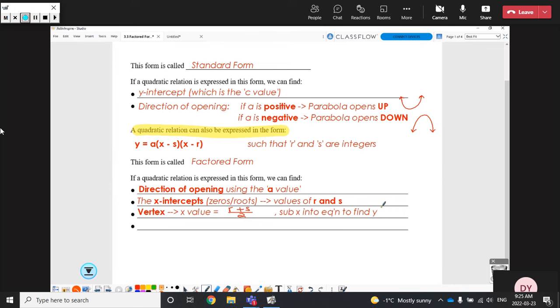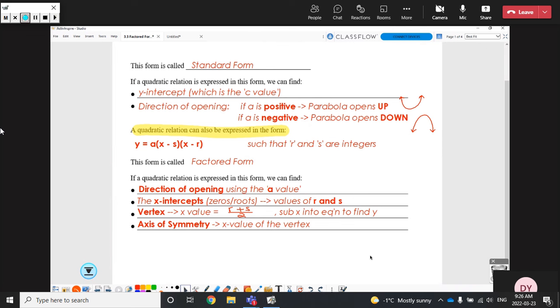From this axis of symmetry, we know that the vertex lies directly on it. So what we can do is take the axis of symmetry and sub it back into the original, and we can get the optimal value.